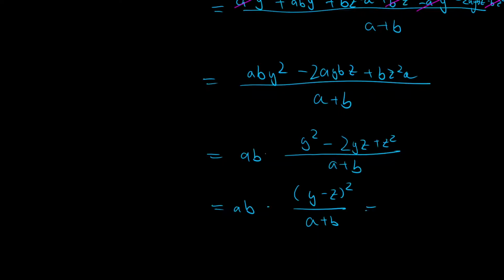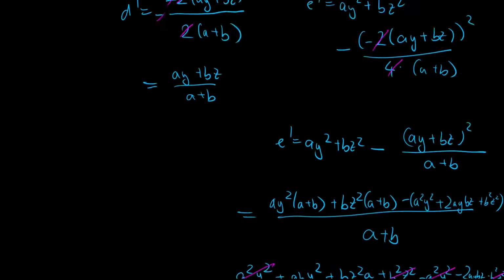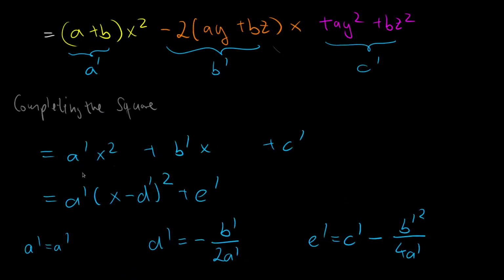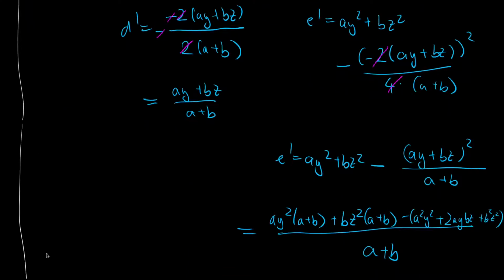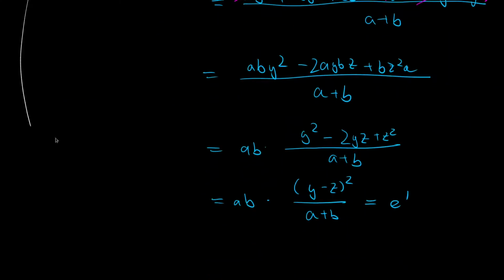And recall, this is nothing else than our e prime. So let's plug this all in. So I will take this equal sign and move it all the way down here, since there's been a really long derivation so far. And then we are getting a prime times in brackets x minus d prime squared plus e prime.